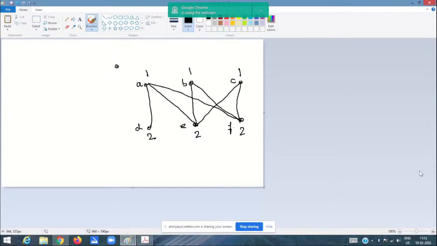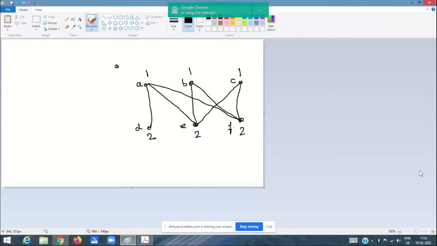But if you look at the vertex A, it is adjacent to all the vertices with color 2. So A has the dominator property, but B does not. B is adjacent to only 2 vertices of the second color class, not to D. So B, C as well as D do not have the dominator property.